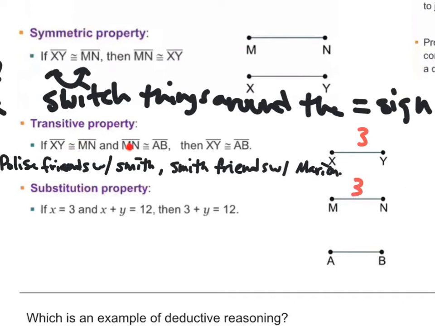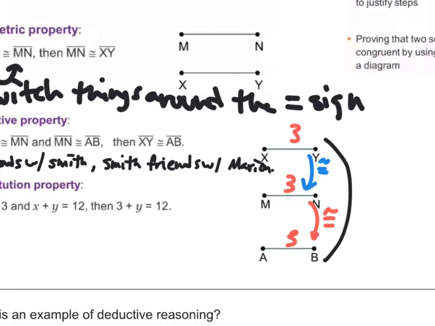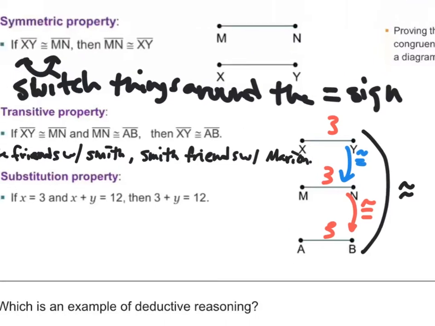So then, if mn is congruent to ab, so if these two are congruent, if mn is 3, what does ab have to be? 3. Okay? Then I know that all 3 of these are congruent. Okay? If these are congruent, okay, and these are congruent, then that means that all 3 of them are congruent. Okay, we'll use that quite a bit.